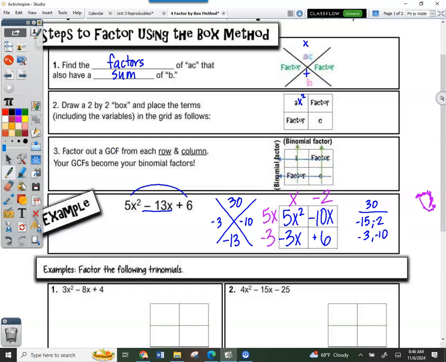Double check. Is -3 times x -3x? Yes. Is negative 3 times negative 2 6? Yes. So then you did it correct. So now, watch this. This trinomial has now just factored to 5x minus 3 times x minus 2. And we're done.